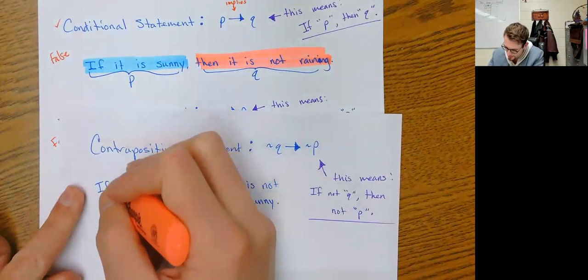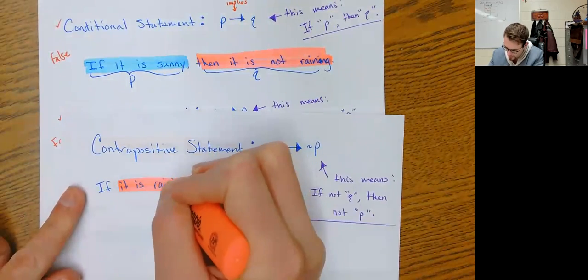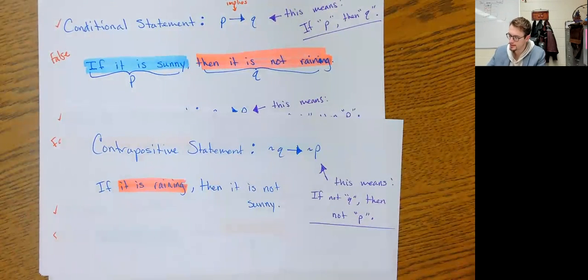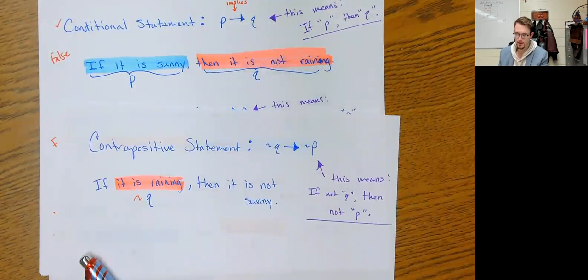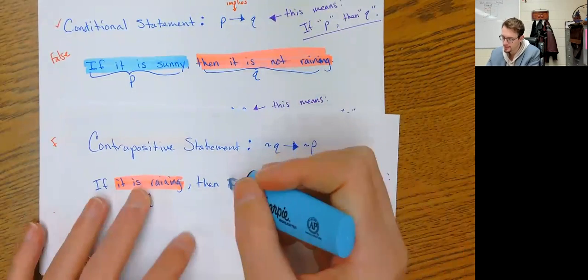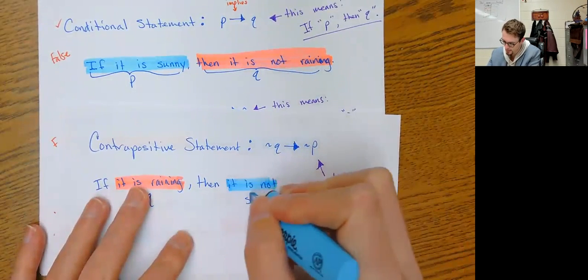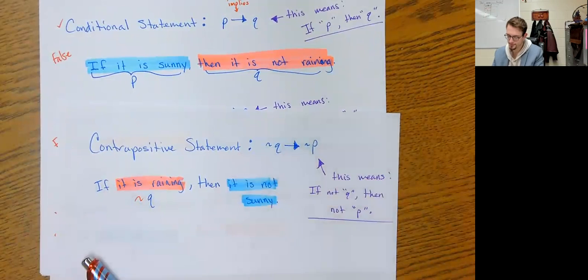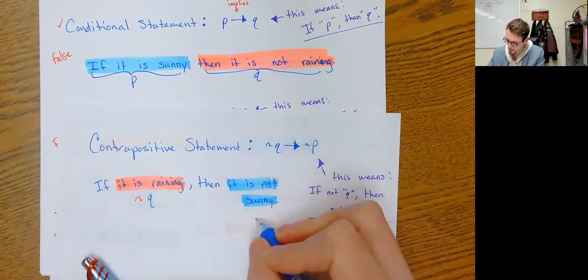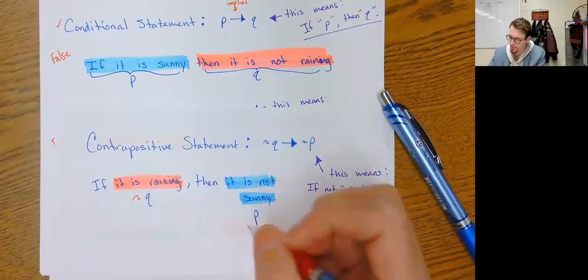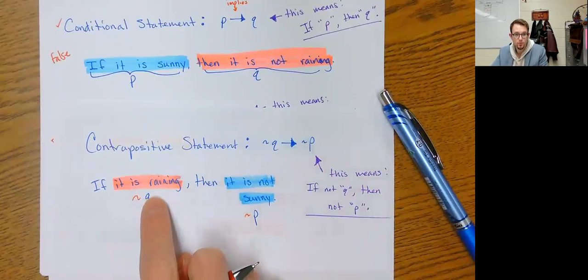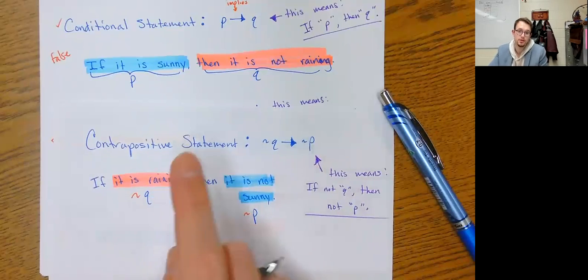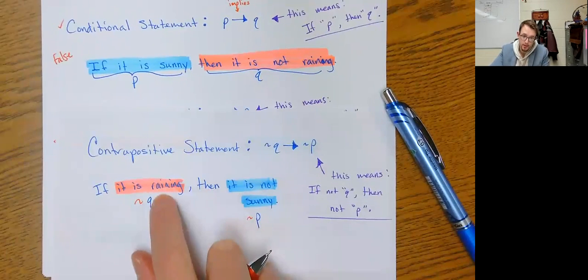So we have Q on this side, except really important, this is not Q. This is the inverse of Q. And then over here we have it is not sunny, and that is the inverse of P. So we got the inverse of Q, which is it is raining because it wasn't raining.